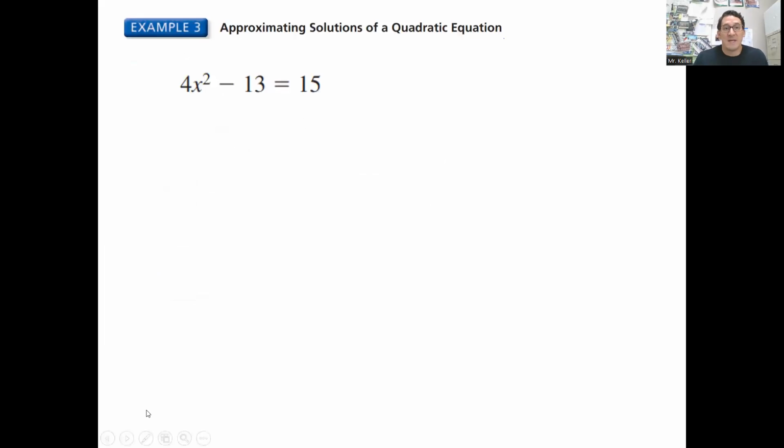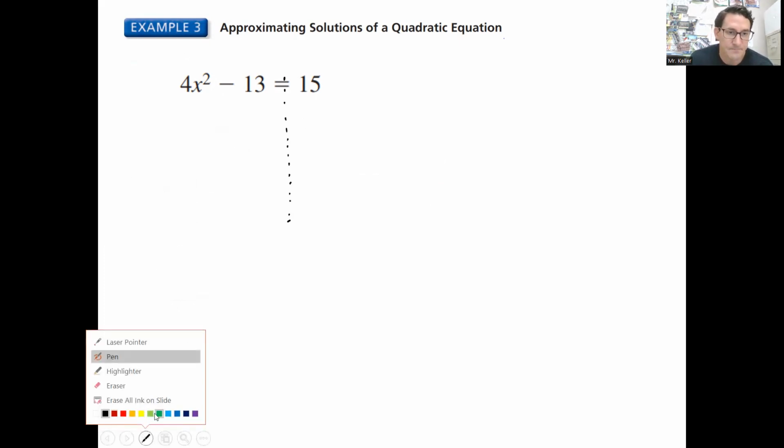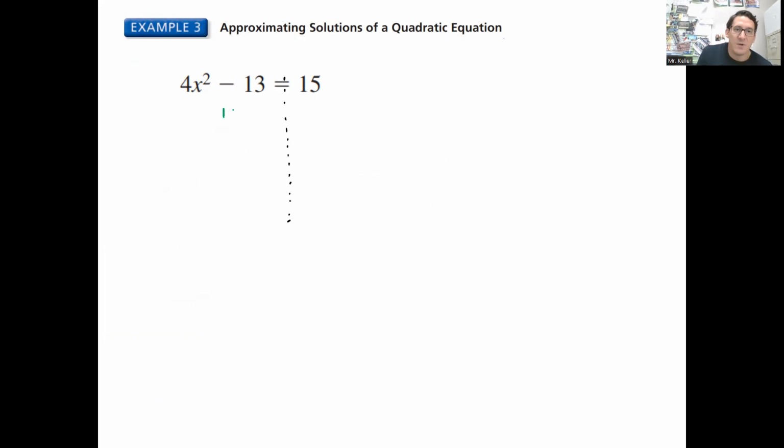Couple more. So here, this one we need to look at. What do we do if we don't have a perfect square? First thing I'm going to do is add 13 to both sides. So -13 plus 13 cancels out. I get 4x squared is equal to 28.